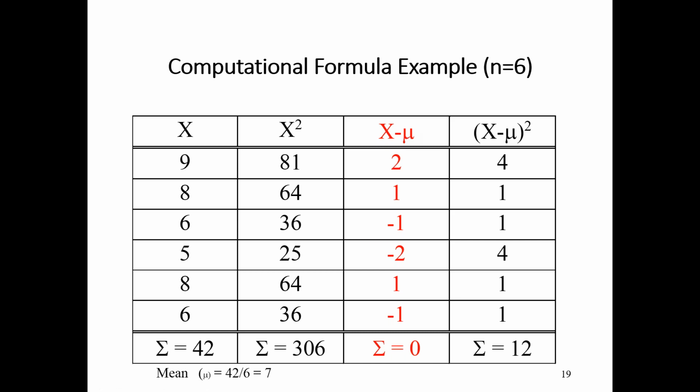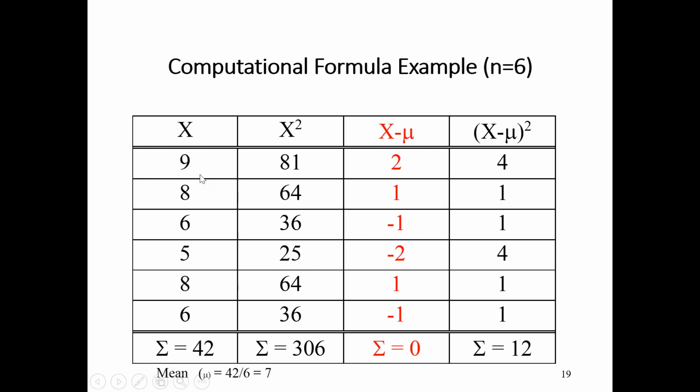For the mean, on the first column, you add up all these values, that is the summation, and it comes to 42. How many of them are there? N is 6: 1, 2, 3, 4, 5, 6. So 42 divided by 6. At the lower side, I can see one value, that is 7. So this is the mean.